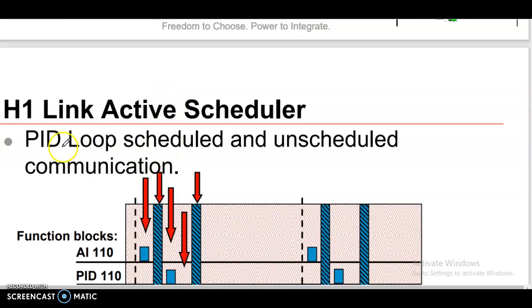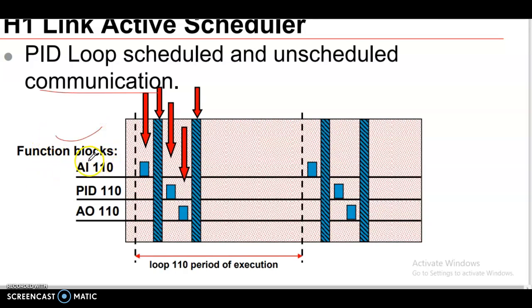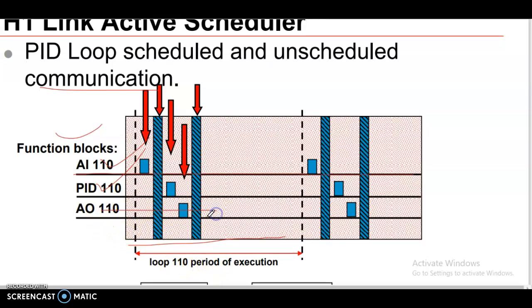H1 link active scheduler, PID loop, scheduled and unscheduled communication. Function blocks: analog input, PID, AO, loop, period of execution. This much, this line, these function blocks: analog input, PID, and then analog output.